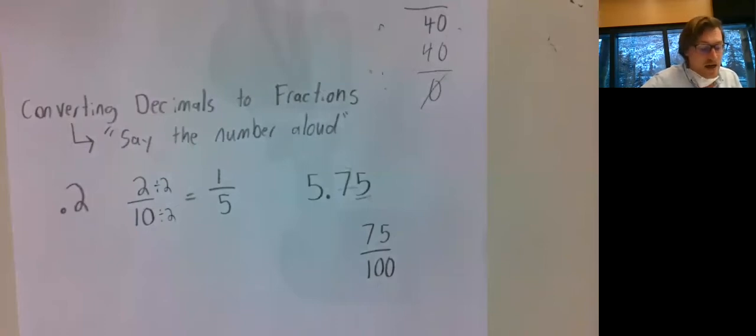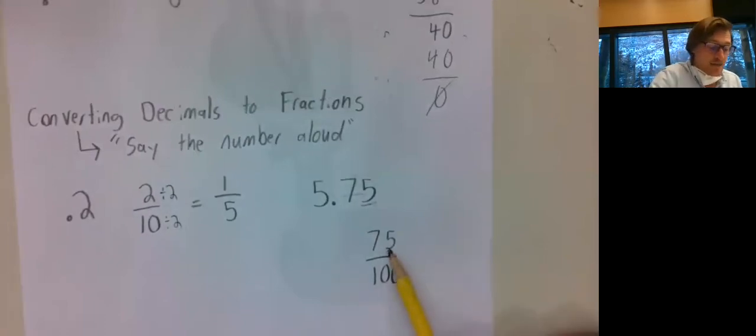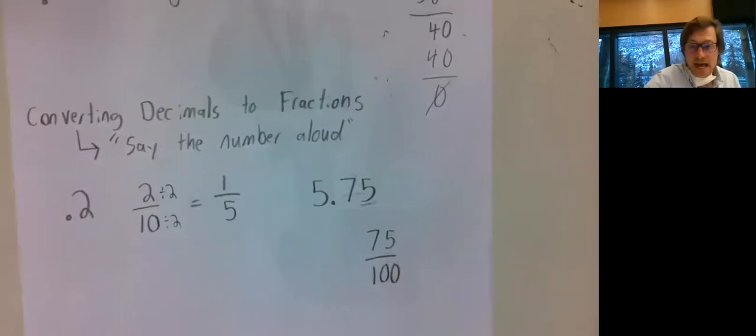Now, I know that these two numbers, they both end in 5 and 0. So they're definitely divisible by 5, but I'm wondering if there's another number that they're divisible by that's even bigger, so that I don't have to reduce and then reduce and then reduce. Well, if I think about quarters, a quarter is worth 25 cents. 25 plus 25 plus 25, 4 quarters equals 100.